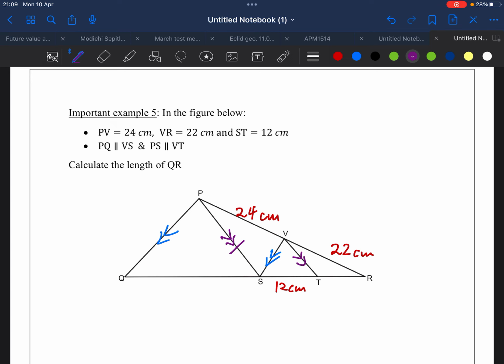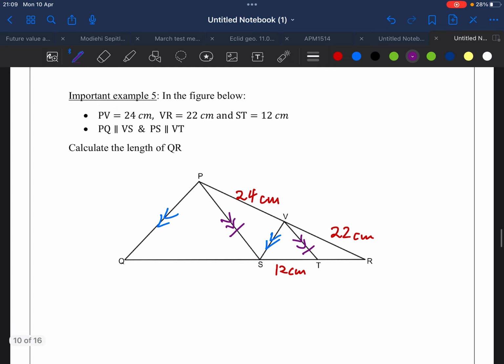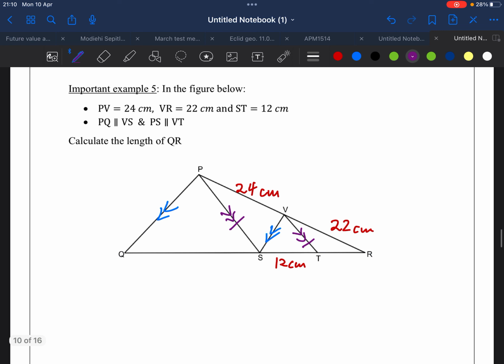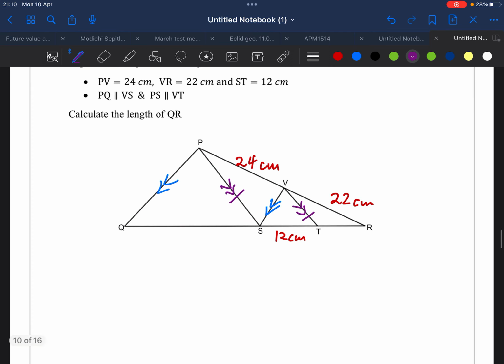What I'm doing now, we call it sketch analysis. We are taking the information that is given and filling in our sketch. Now moving forward to our solution.